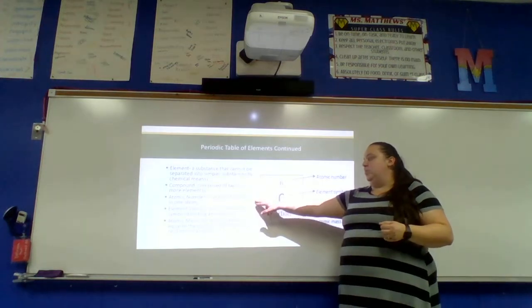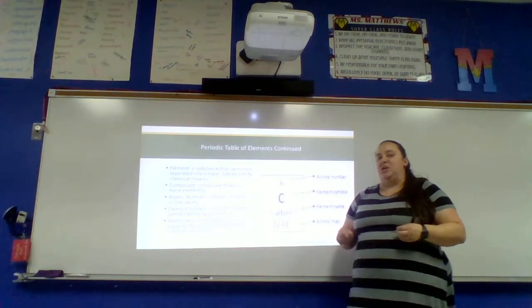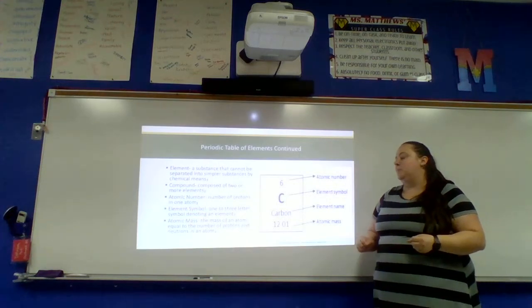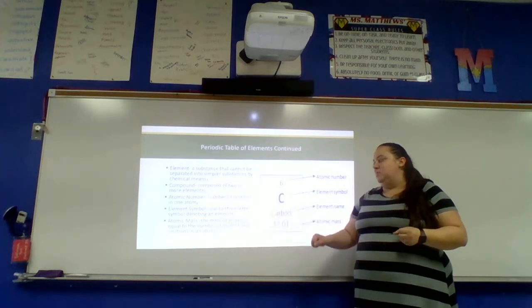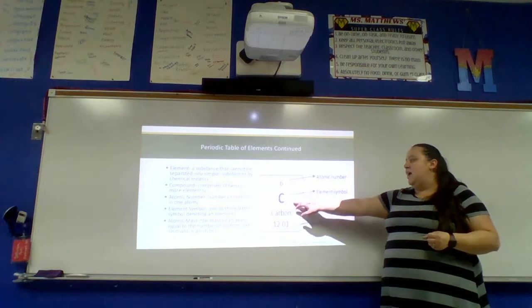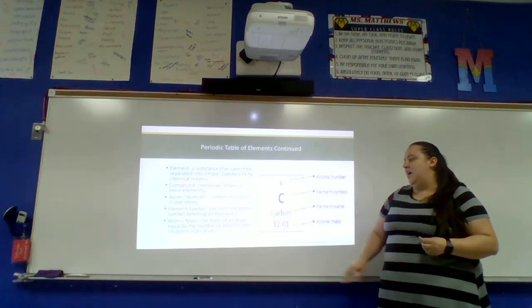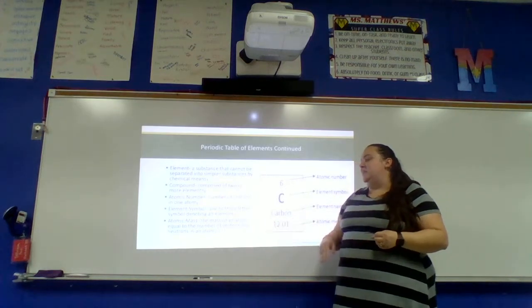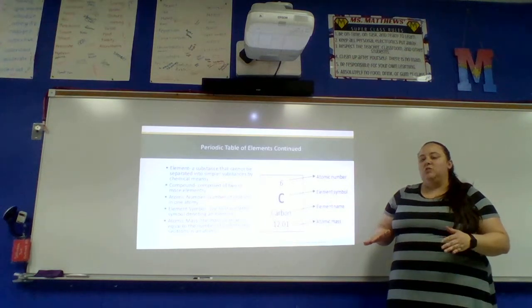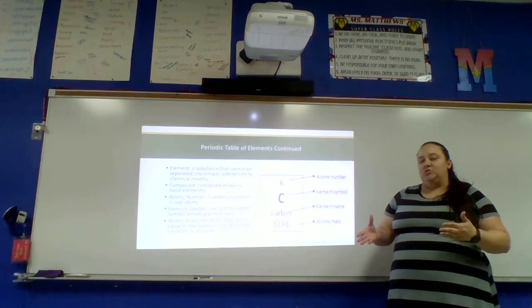And your atomic number is going to be equal to the number of protons in any atom. And your element symbol, which is here, is a 1 to 3 letter symbol denoting the element. And your atomic mass is approximately equal to your protons and your neutrons.